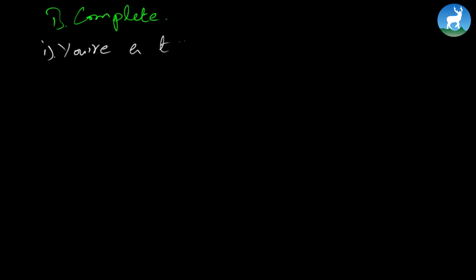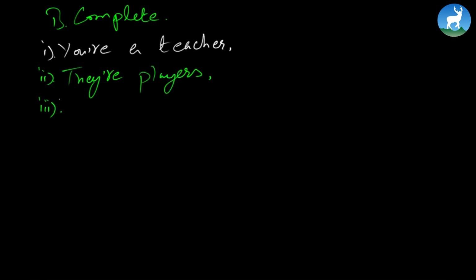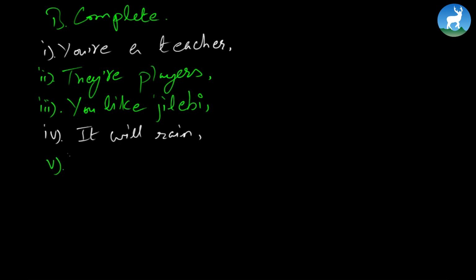Now let's start again here. Number 1, you're a teacher. Number 2, you are players. Number 3, you like jalebi. It's a sweet Nepali we commonly know as jeri. Okay. Number 4, it will rain. Number 5, you took my pen.